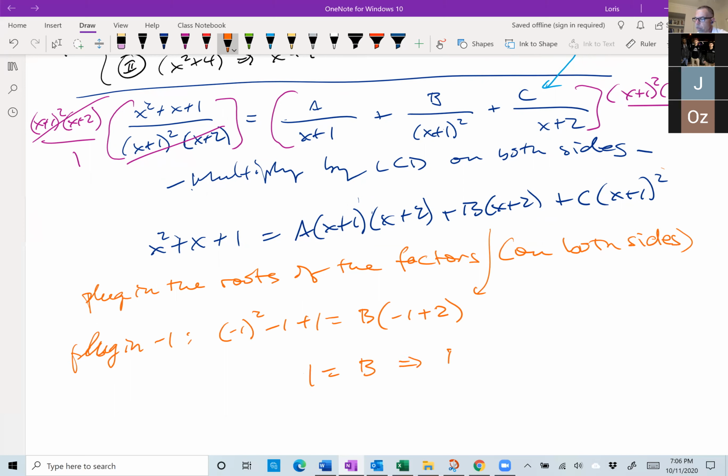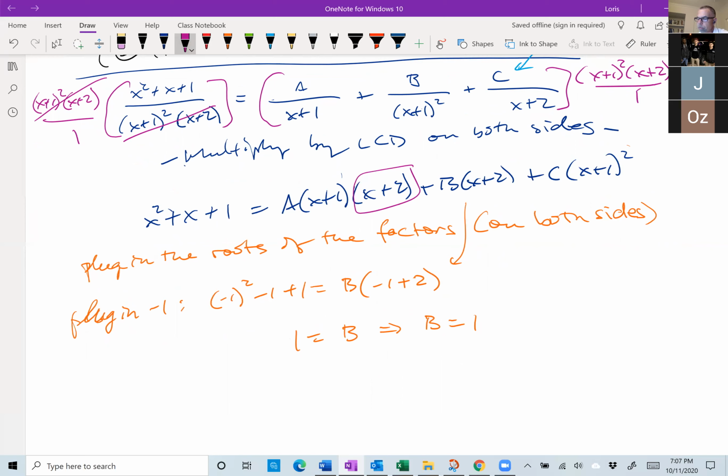All right, so then we plug in -2, because that's another one that makes one of the factors 0. Plug in -2. So here we go. On the left we get -2 squared minus 2 plus 1.